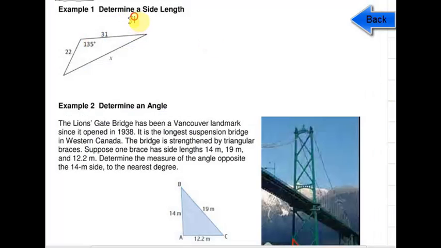If you go to your chart on the first page, you will see that when you have a side, angle, side, you would want to use the cosine law. Another way to think of it is that you have an angle which is contained between two sides, situated between two sides. So it's in between the 22 and the 31 that you find the 135-degree angle. We're going to find X in this triangle to the nearest whole number.